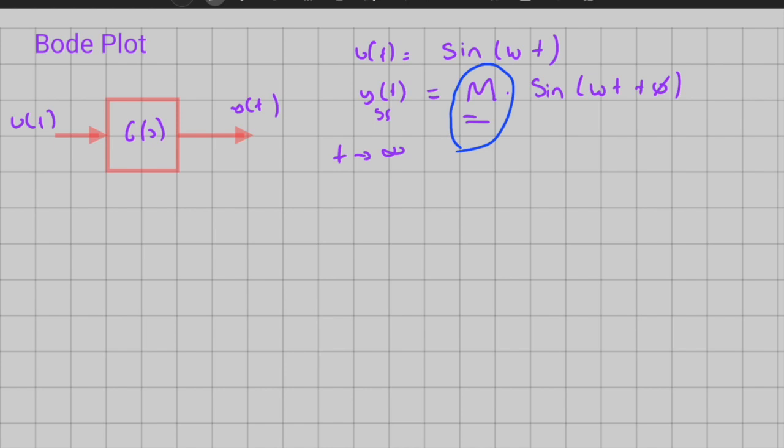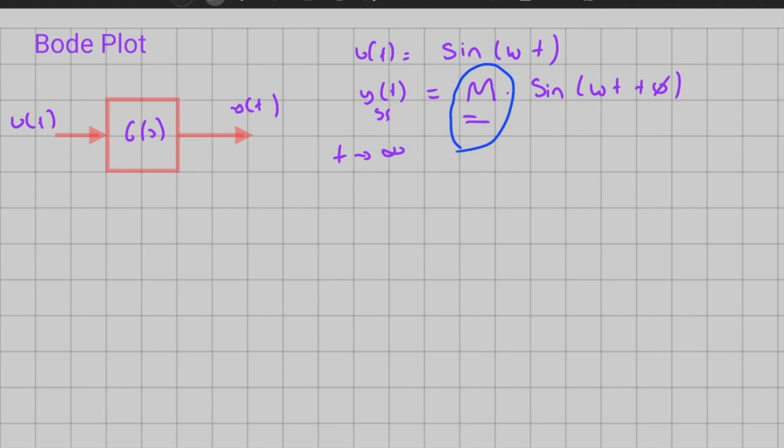So how can we compute M and phi if we know G of S? Let's assume that I really don't want to do the experiment because we really have a process. If you don't know G of S, you can do it in an experimental framework, and this is what we do in system identification techniques. But if you know G of S, you technically don't need to do the experiments.